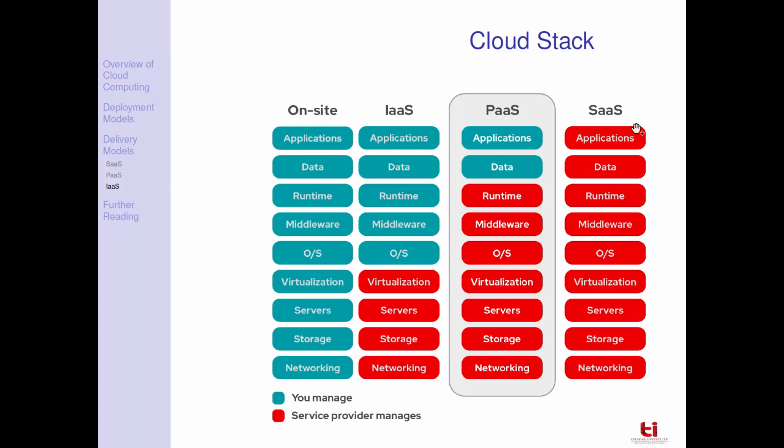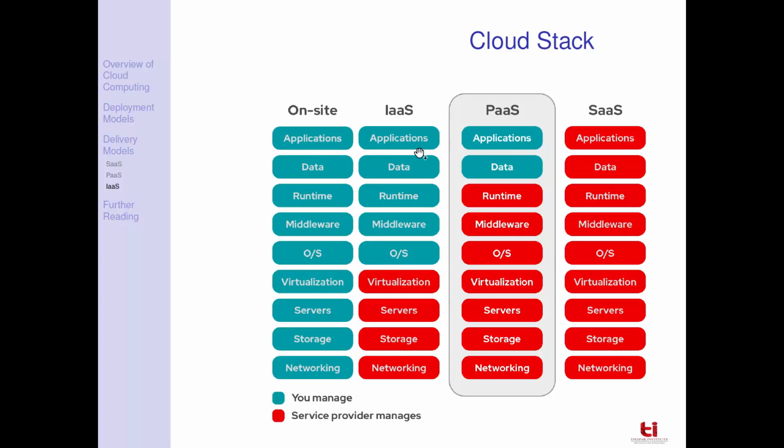So users will only use the particular application. They do not manage any of these. For platform as a service, the user is allowed to manage application and data. Rest everything will be managed by the cloud provider.